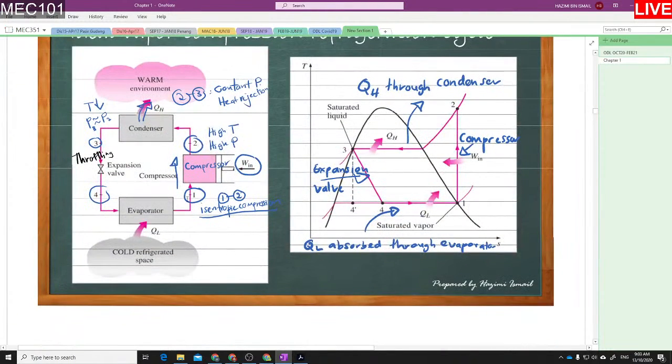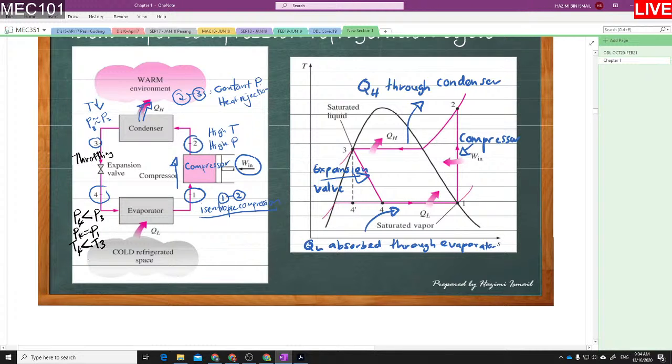Okay, so the pressure will drop. So P4 is much lower than P3, and P4 should be equal to P1. Okay, so the temperature will also drop. So T4 is much lower than T3.